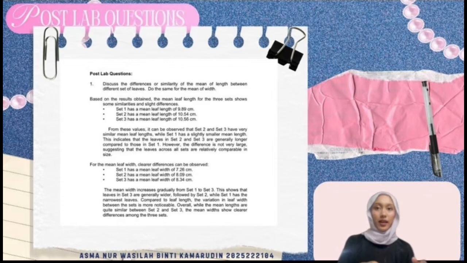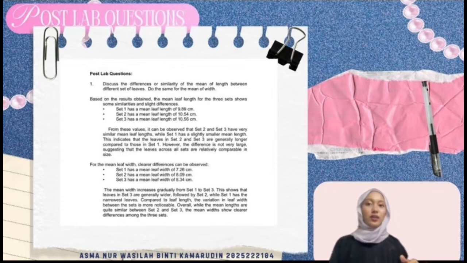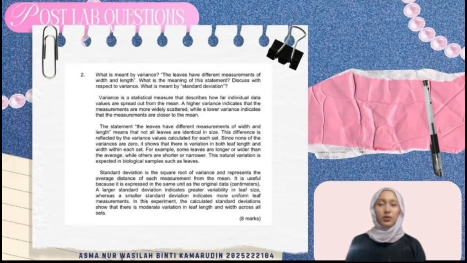Compared to leaf length, the variation in leaf width between the sets is more noticeable. Overall, while the mean lengths are quite similar between set 2 and set 3, the mean width shows clearer differences among the 3 sets.